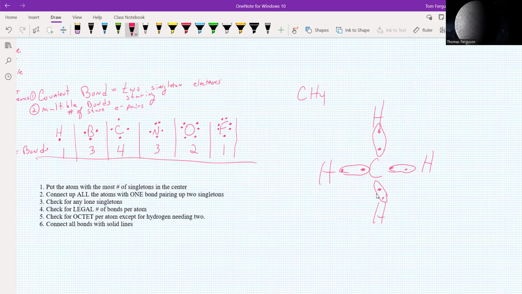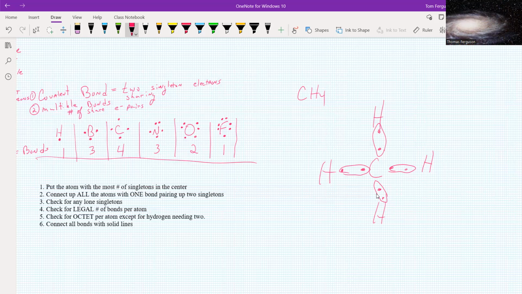Your textbook has a much more complicated process to do this. Okay, so that's step number 2. Step number 3 is check for lone singletons. Do we have any non-bonded singletons? Everything's bonded up, right?